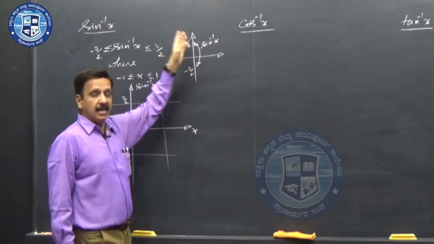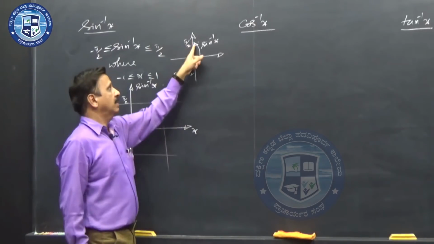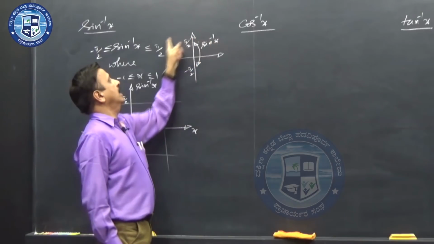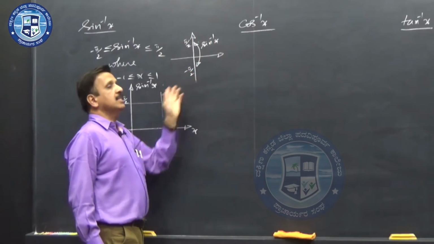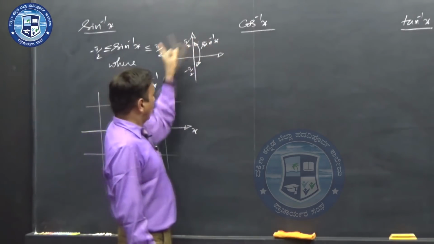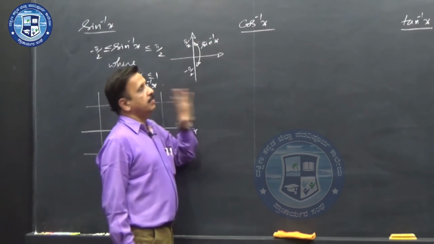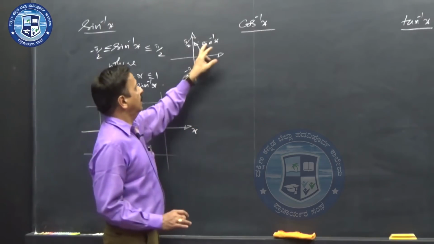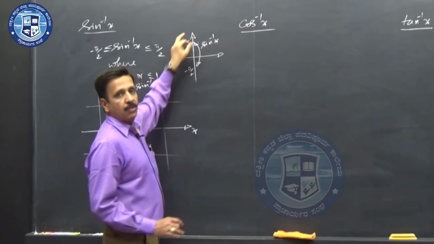That can also be an answer, but the principal value is pi by 2. Similarly for minus pi by 2, if you add 2 pi you can have plenty of values, but the principal value is minus pi by 2. That is why we remember that sine inverse x varies between minus pi by 2 and plus pi by 2.